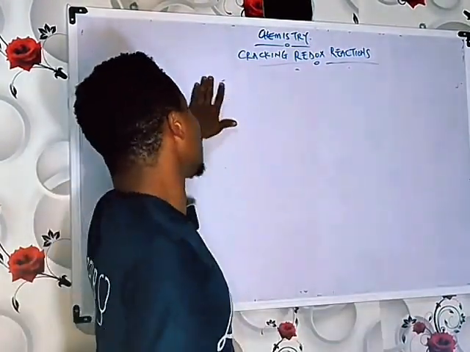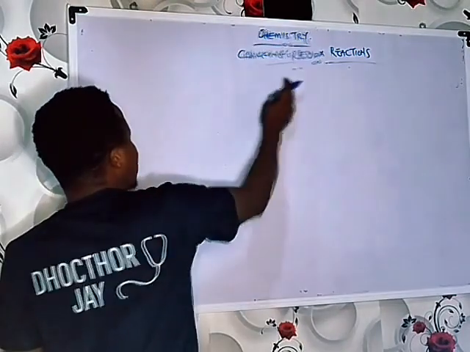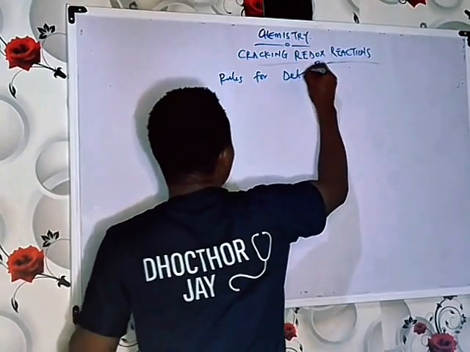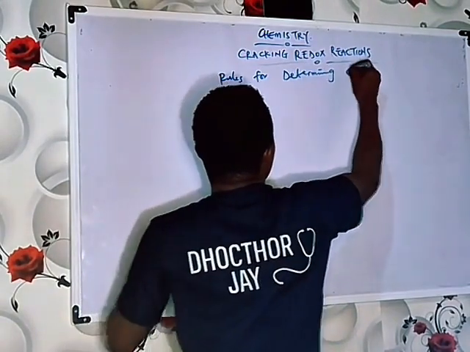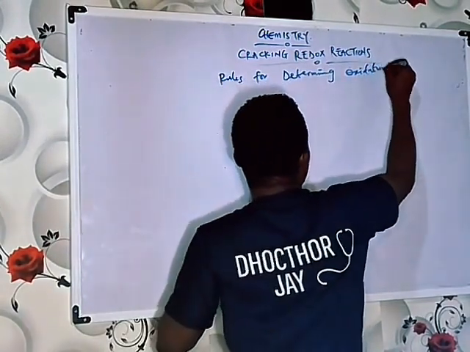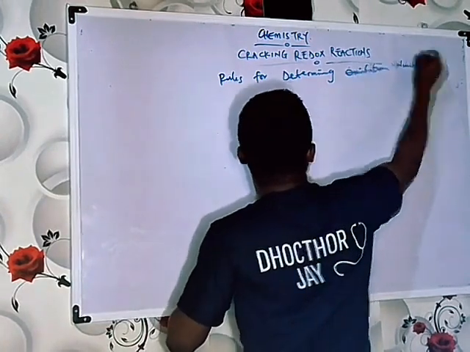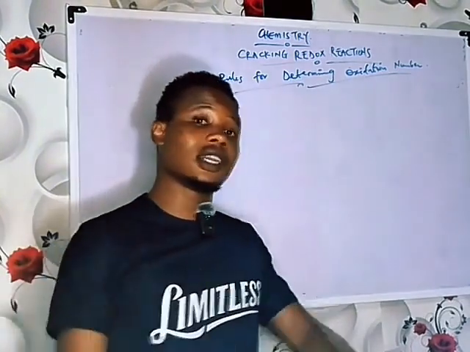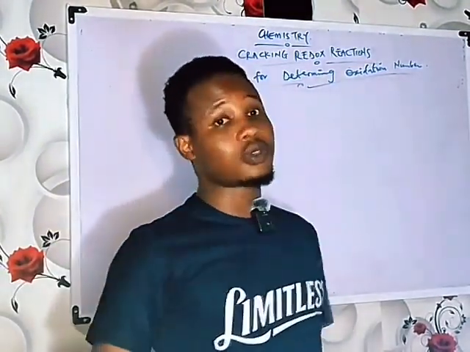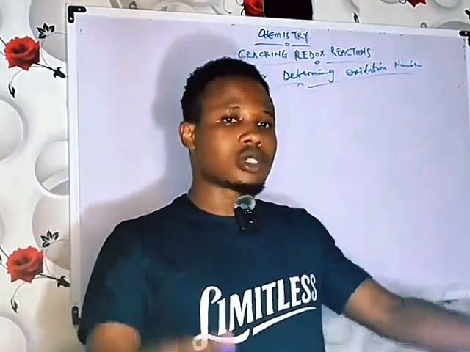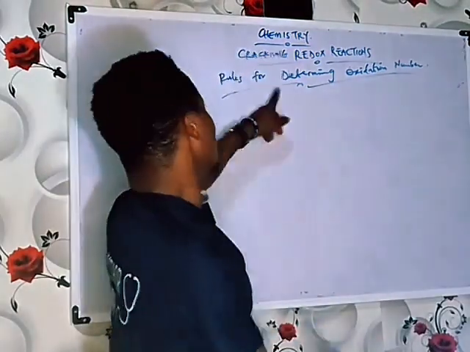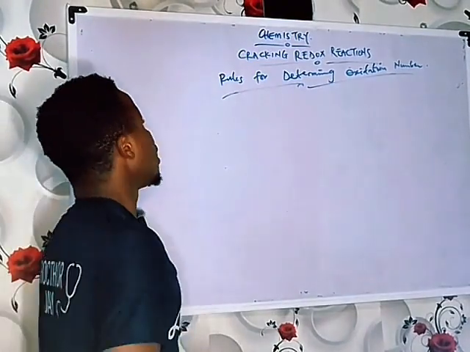So that leads us to the following subheading: rules for determining oxidation number. That is, how do you decide or arrive at the oxidation number of a particular atom in an element or a reaction? Of course, everything in life is based on rules. Apparently, even though the biggest rule is breaking rules, but that's by the way. Rules for determining oxidation number.